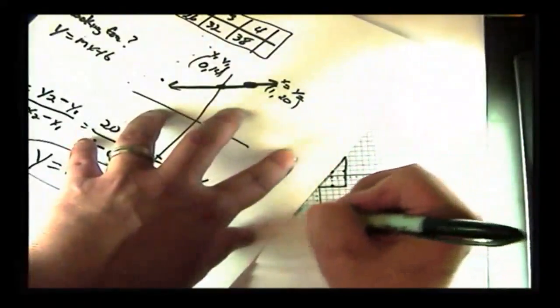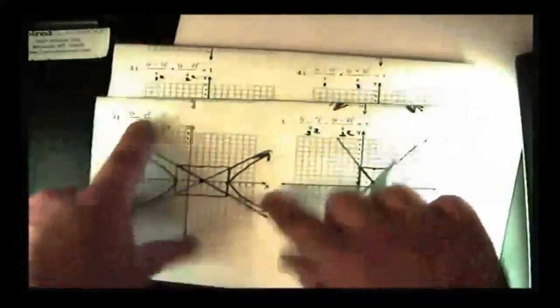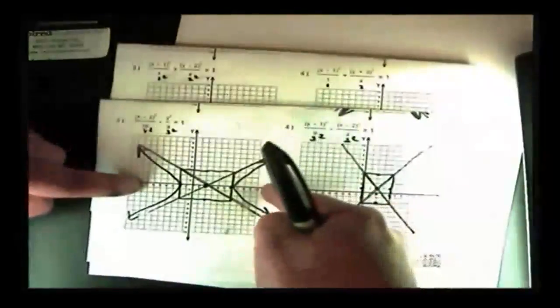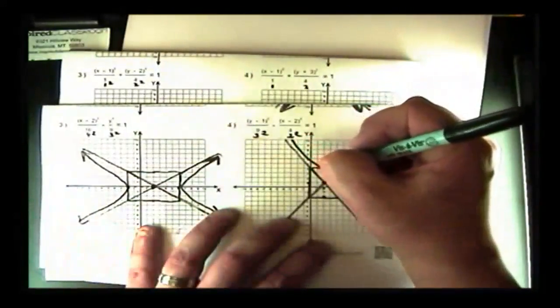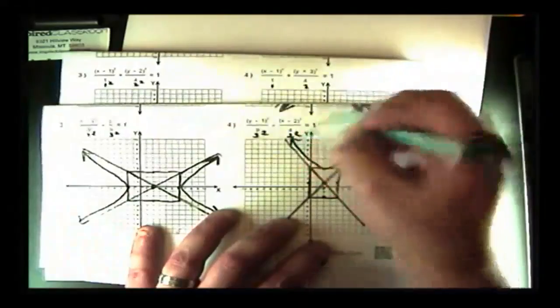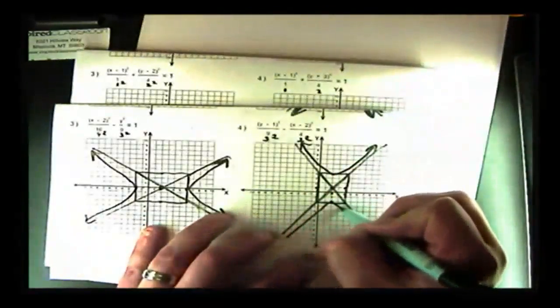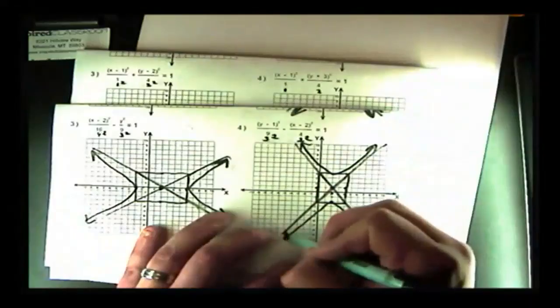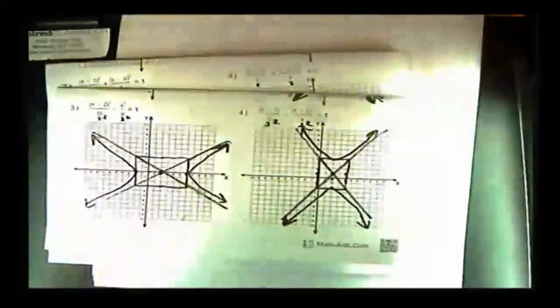I draw my lines, of course, and then I observed that over here, x came first, so I went in the x direction with my graph. Here I'm noticing y is coming first, so I'm going to follow my graph down, touch my point, and shoot off in that direction. Similarly, here, touch that point, and shoot off in that direction.